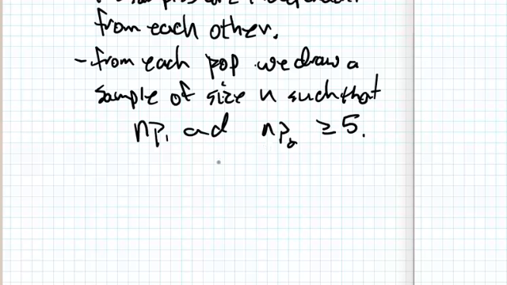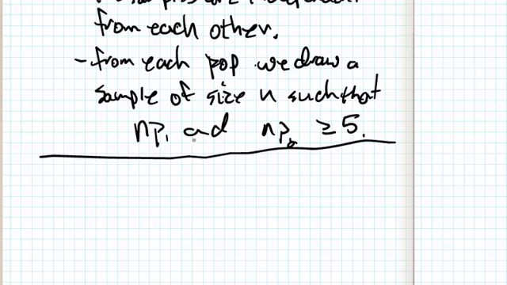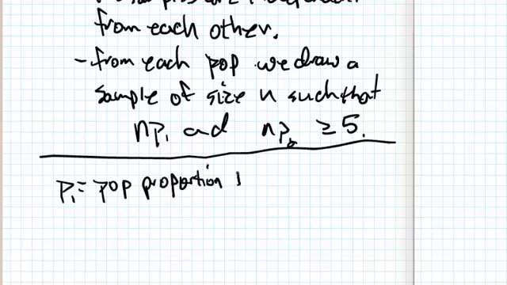Okay, now, the formulas for this are beefy. You're going to have to bear with me for just a second. Now, again, just to keep it simple, think of P1 as the population proportion for population 1, in this case the women. P2 equals population proportion for population 2.